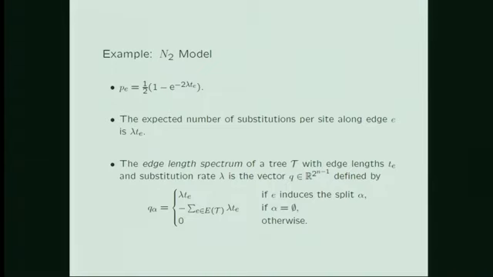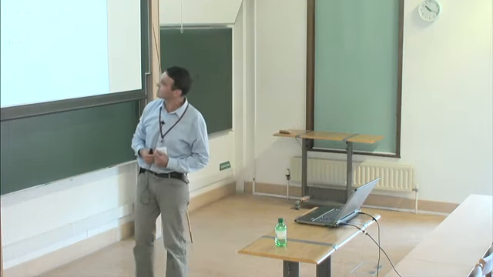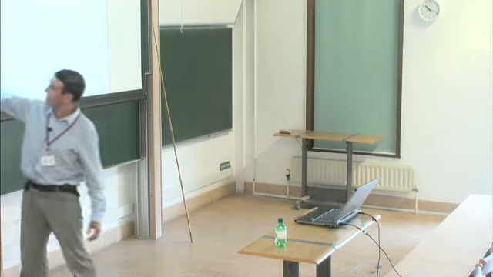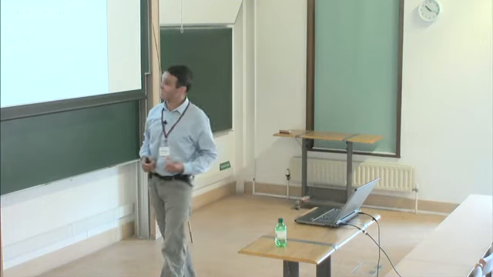Now, there are two approaches to ML that I would like to discuss. The first one is the standard approach that is being used in the literature. What they do is take these lengths of edges, as in the expected number of substitutions, and expand that into a vector which they call q_alpha, which has an entry for each split pattern.